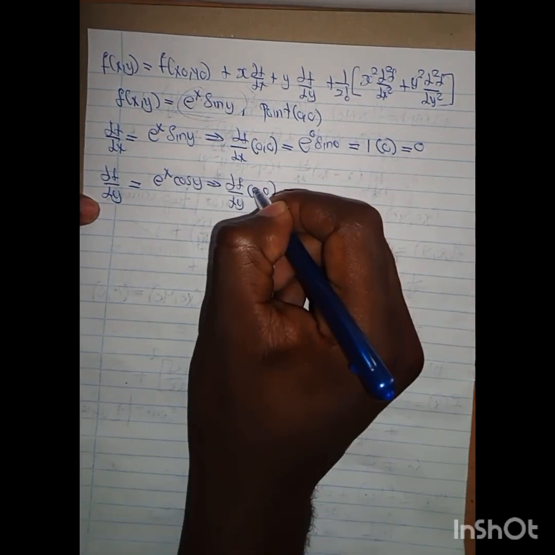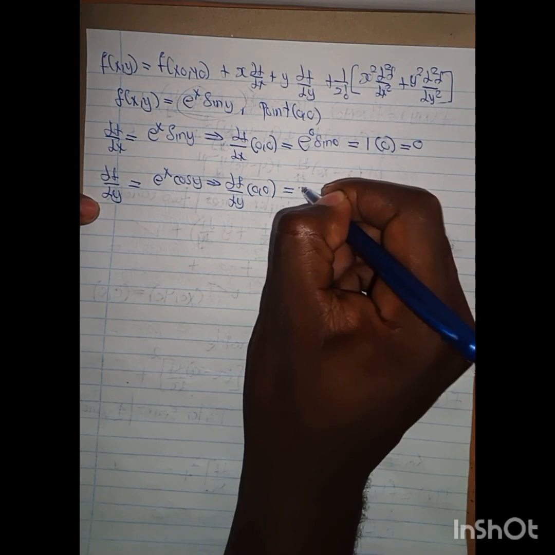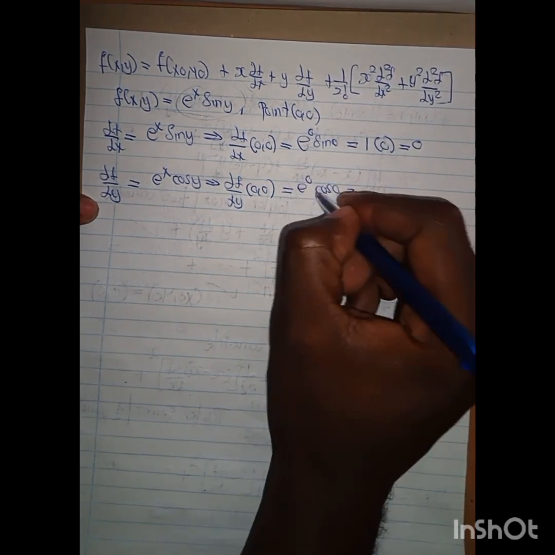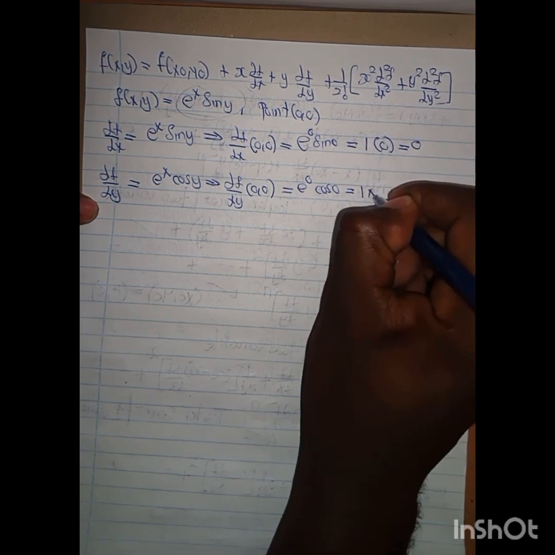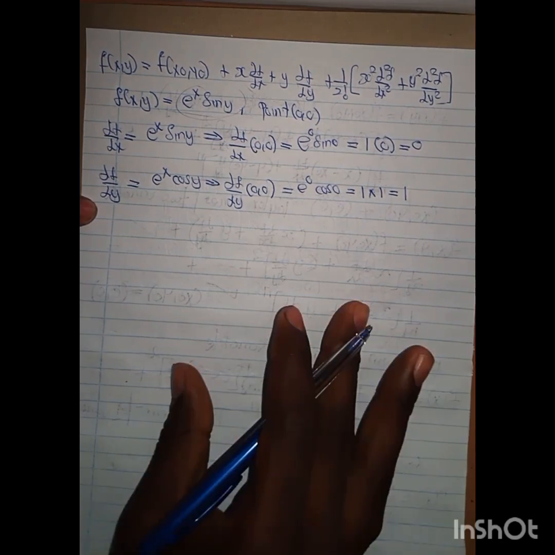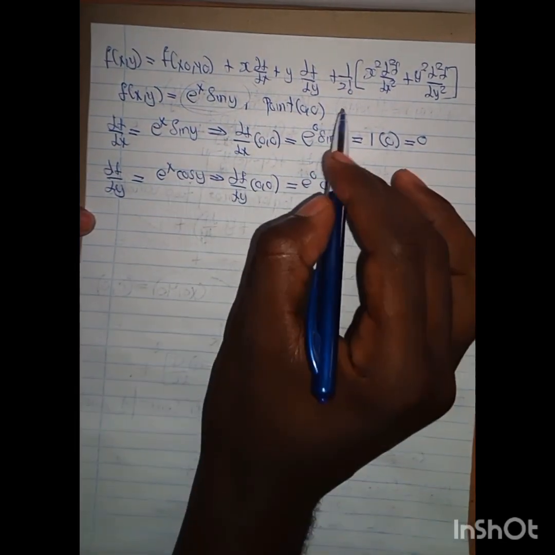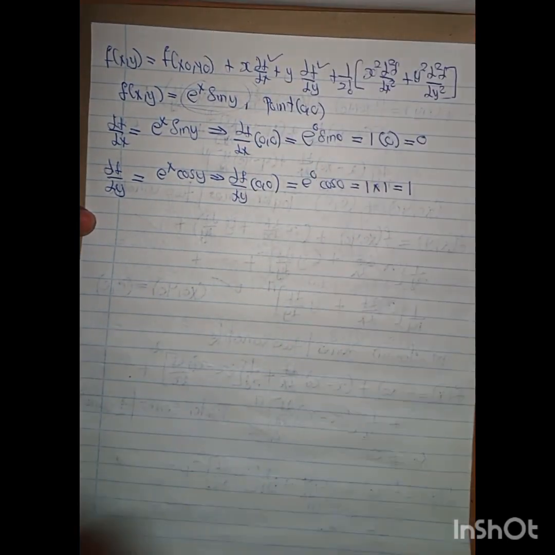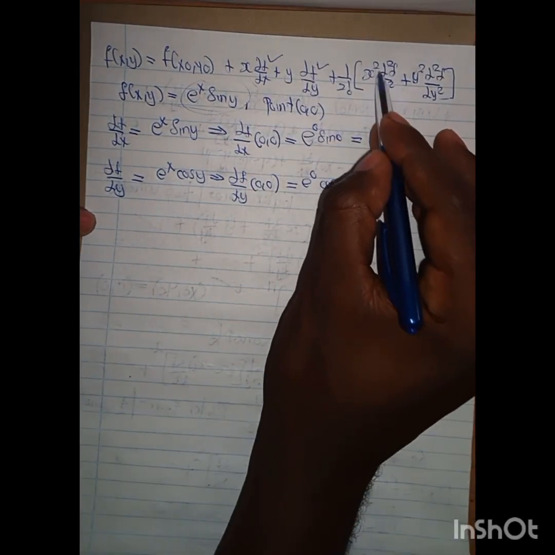So x is a 0, e to the 0, the cosine of a 0. E to the 0 is a 1, multiply the cosine of a 0 is also a 1. Then we get 1 like this. So what else do we need? We found df dx, df dy. Now we need this part.